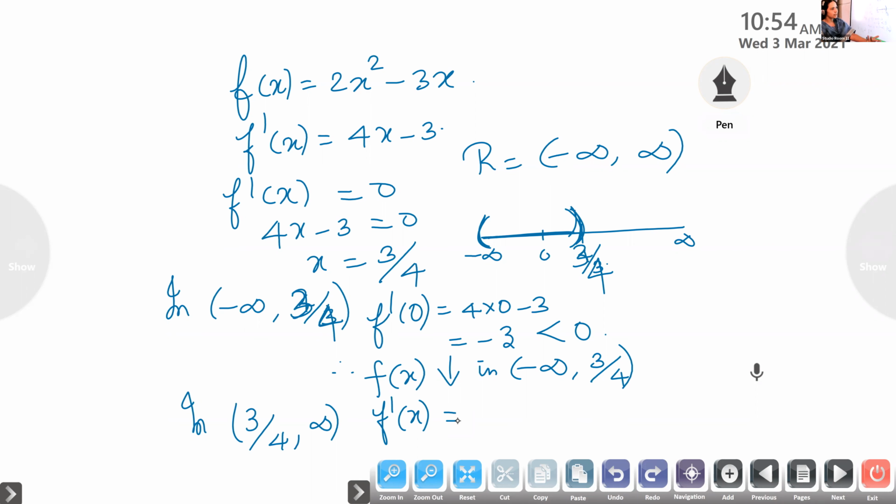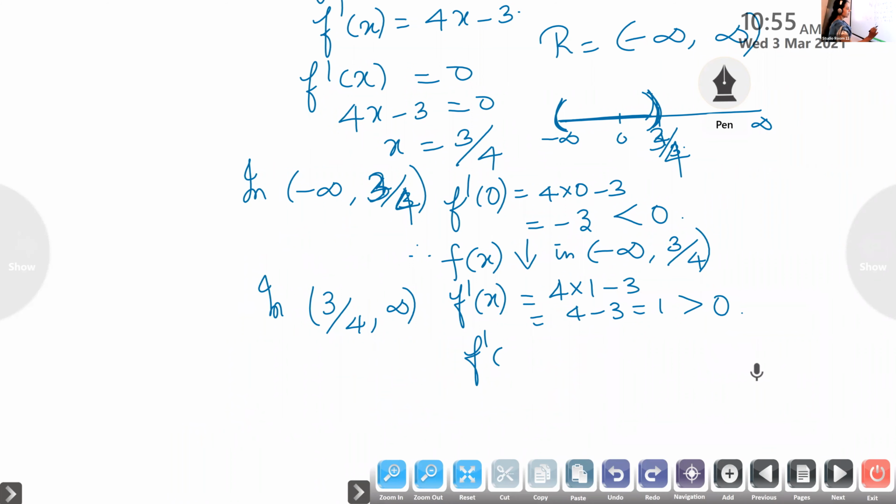Therefore, f dash of x is greater than 0. So we can say f of x is increasing in the interval 3 by 4 to infinity.